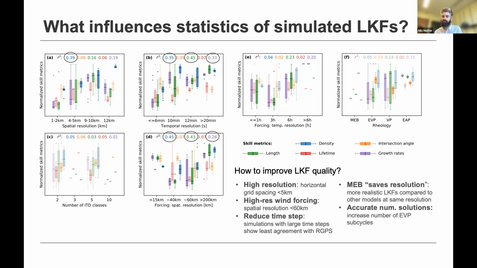Also, in the first part, there are statistics that don't show a big spread within the different models. We have some statistics that all agree with RGPS, for example, the temporal and multi-fractal scaling that I want to come to in a minute. And we have others that don't agree at all with RGPS for all models. This would be, for example, the intersection angles.